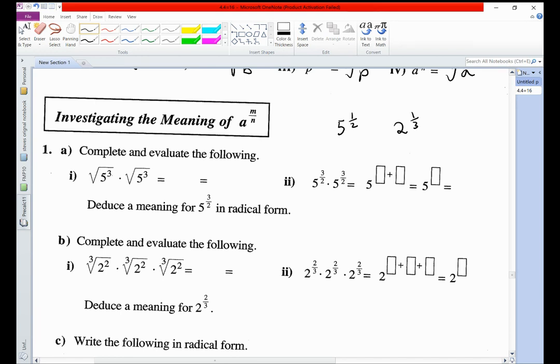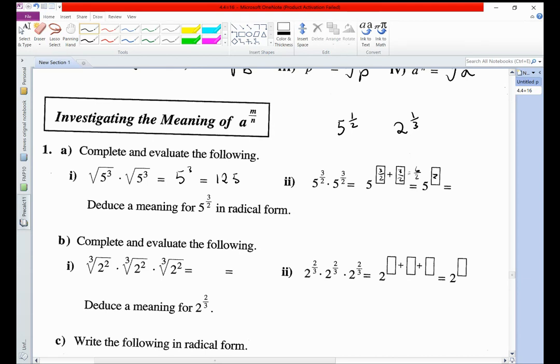Root 5 to the power of 3 times root 5 to the power of 3 is just the same as 5 to the power of 3, and that is also 125. 5 to the power of 3 over 2 times 5 to the power of 3 over 2 is going to be, well, we're going to add those exponents. 3 over 2 plus 3 over 2 is going to be 6 over 2.